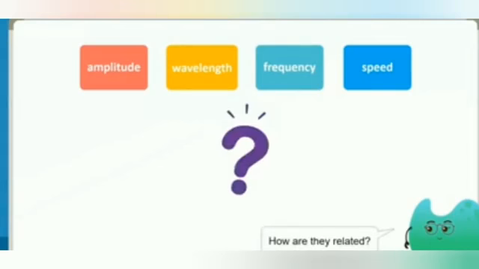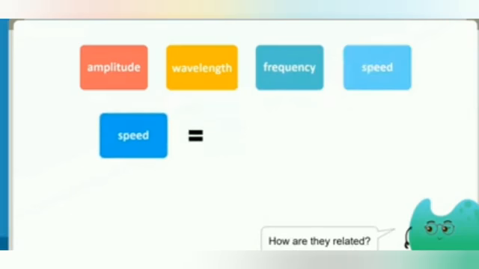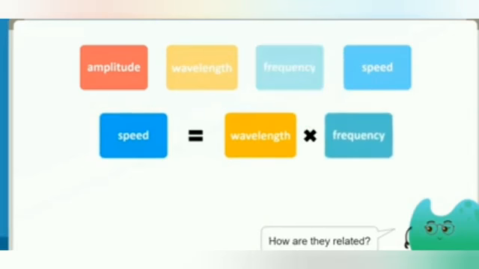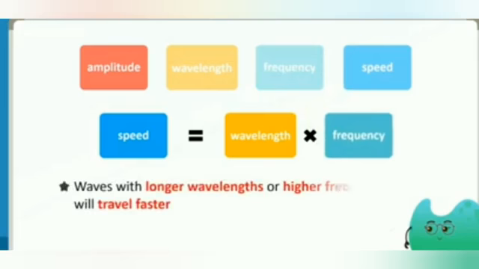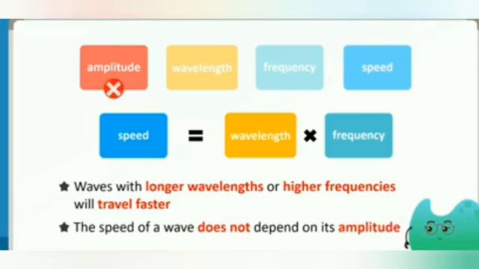Now that we have seen the four quantities, how are they related? Well, it turns out that the speed of a wave is the product of the wavelength and the frequency. Therefore, waves with longer wavelengths or higher frequencies will travel faster. Note that the speed of a wave does not depend on its amplitude.